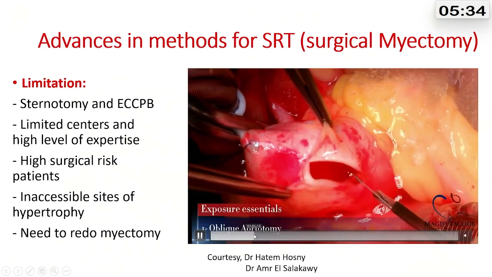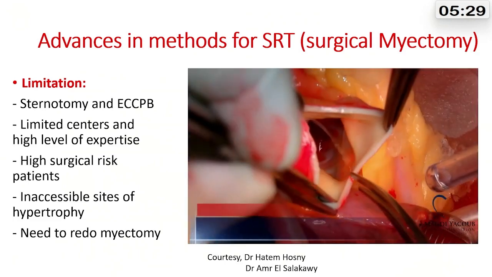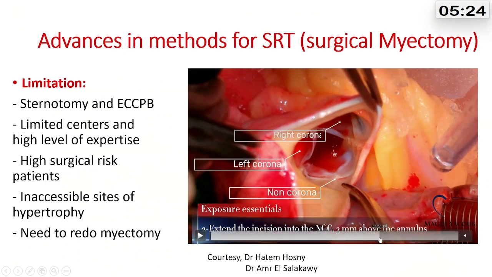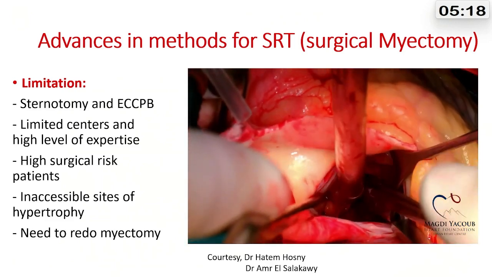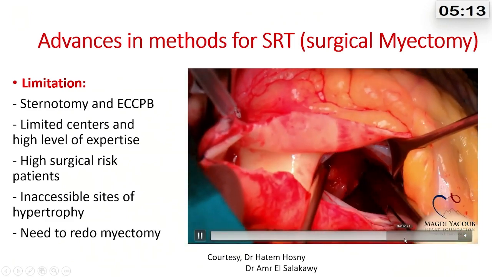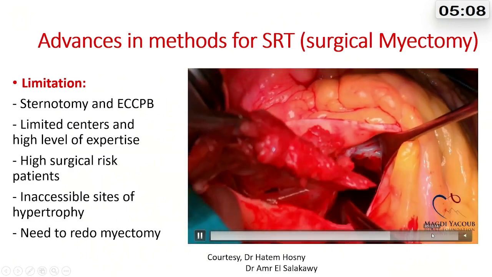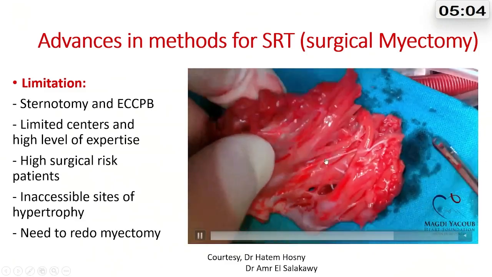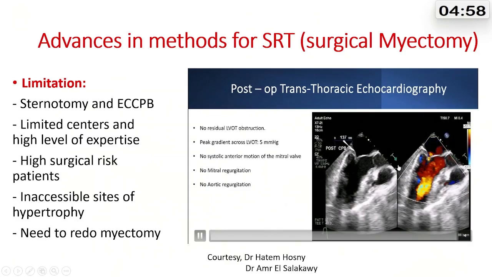It underwent the usual transaortic median sternotomy septal myectomy, and we can see here the part of the myocardium that is removed. And we can see the nice result at the end of this video, with abolishing the left ventricular outflow obstruction.